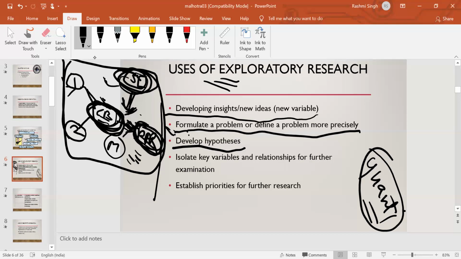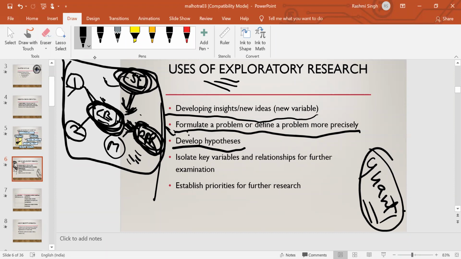You will try to know the consumer demographics. Then you will explore what other stores are there, who will be my competitors. So you will perform qualitative research, and then you will get some information.